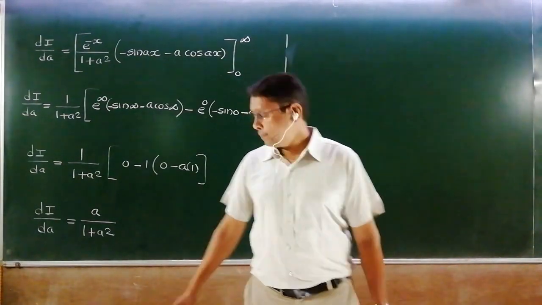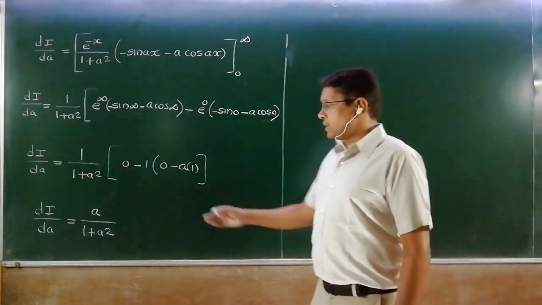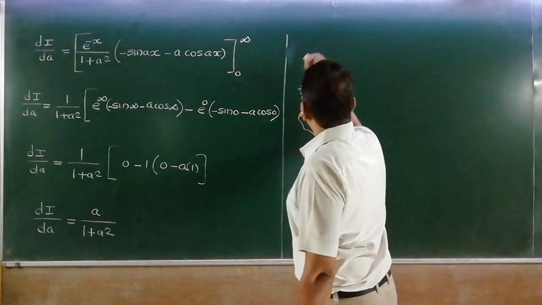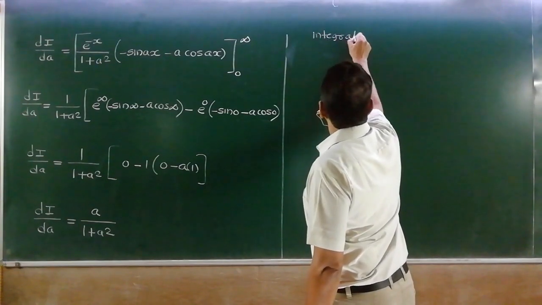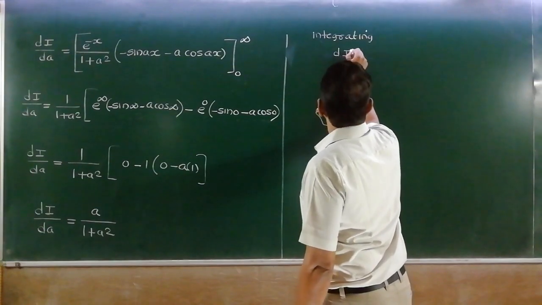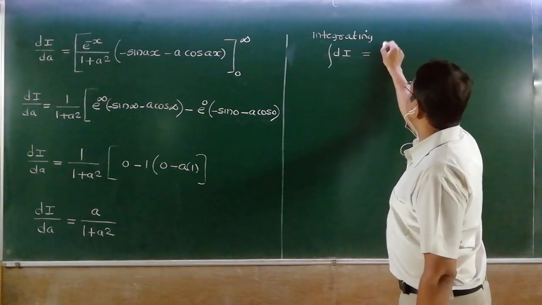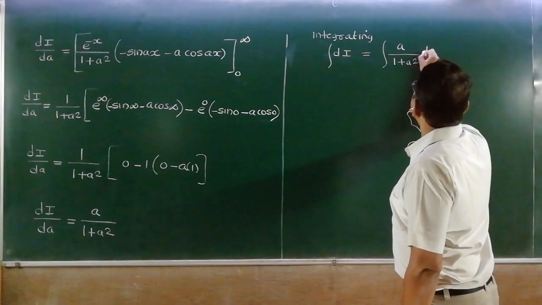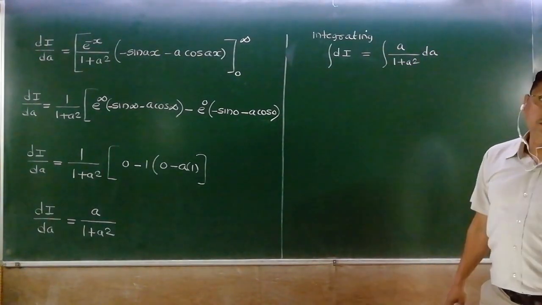Next step. Now, as we have to do variable separation, I bring the dA to this side and integrate. So it is the integration of dI, and by variable separation, a upon 1 plus a square dA. We have to integrate this.